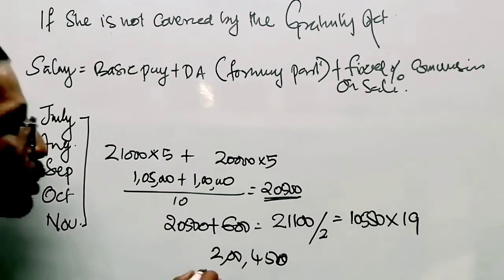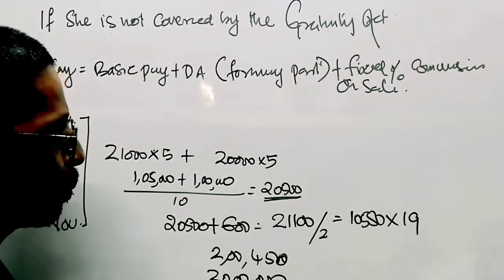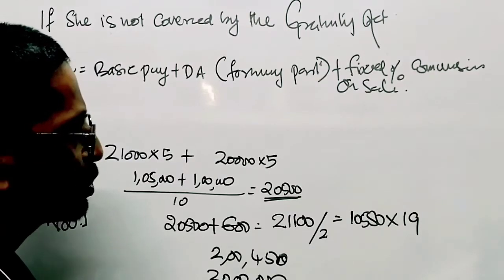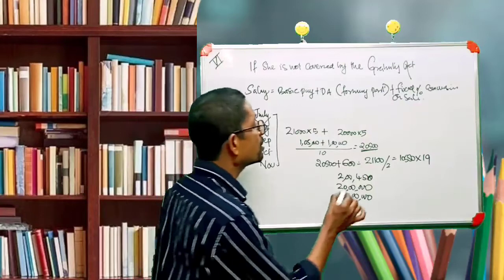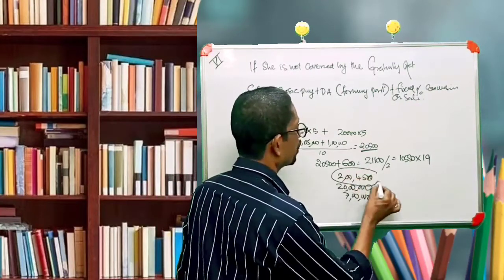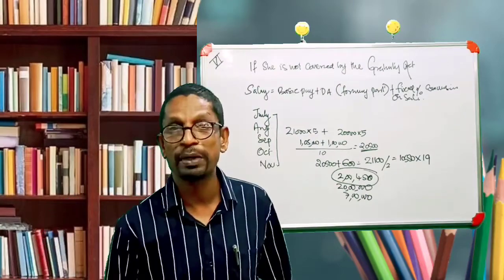Again rupees 20 lakh, and the actual gratuity received rupees 7 lakh, whichever is less is exempted from tax. So this amount, 2,00,450, will be exempted from tax.